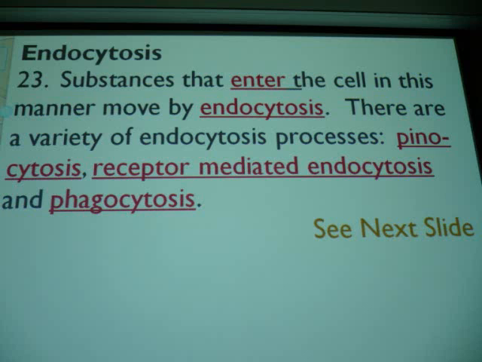All 3 of those take something in, because that is what endocytosis is all about, taking things in. There are 3 ways, and you're going to see 3 different looks.